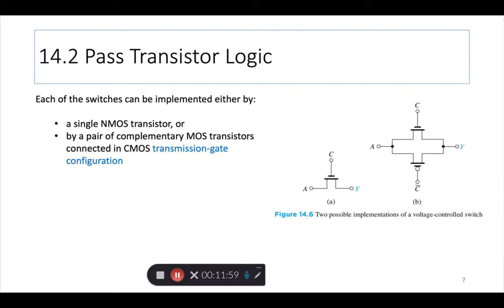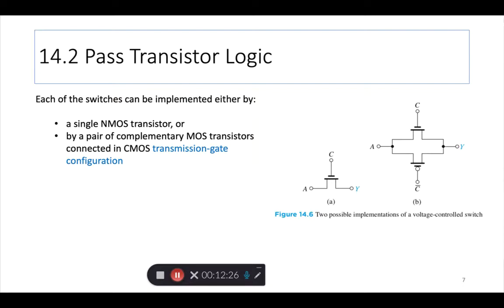So I keep telling you that we can do this with single transistors, but another improvement is if you are allowed to use two transistors. So you're back to CMOS again because you have an NMOS and a PMOS. But even here, it's much easier to design in this way, thinking of these as switches rather than thinking of them as inverter pairs.